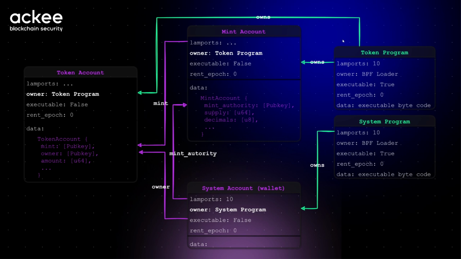If you would like to create a new token on Solana, for example, your own USDC or USDT, let's create a new USDC. The first thing that you need to create is the mint account.